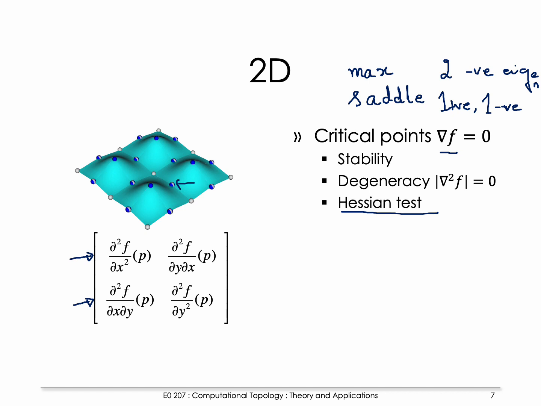And the minimum will correspond to two positive eigenvalues. Essentially, what we see is that the min, max, and saddle can be classified by looking at the number of directions in which the function goes down in its neighborhood.